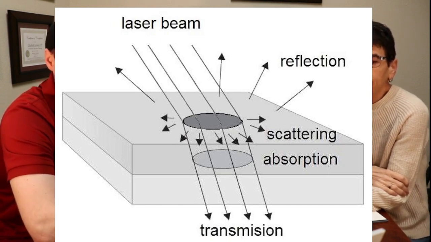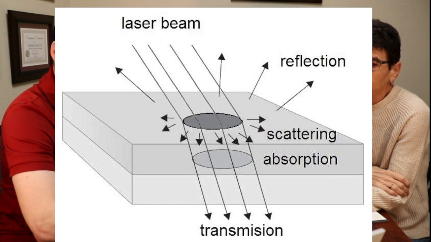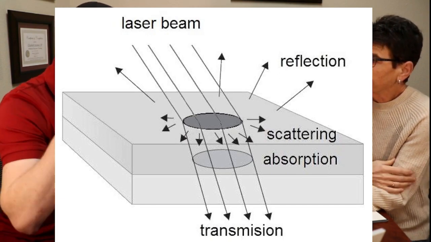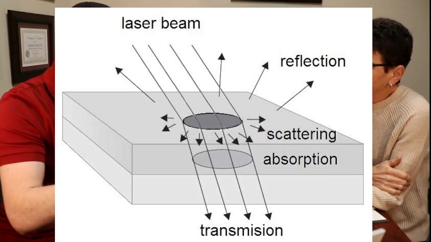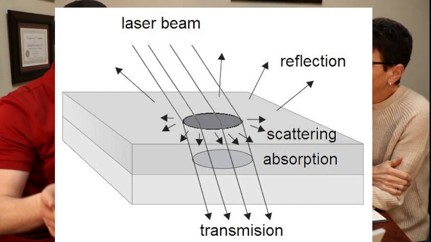Transmission is misspelled on this one, but there are just a few ways that light interacts with tissues. It can reflect off the tissues and not go in and not have an effect. It can be absorbed in the tissues, and that's having an effect. It can also scatter in the tissues. Before it's absorbed, in many cases, instead of continuing on in a straight line into the tissues, it'll scatter laterally, or in all these different directions.